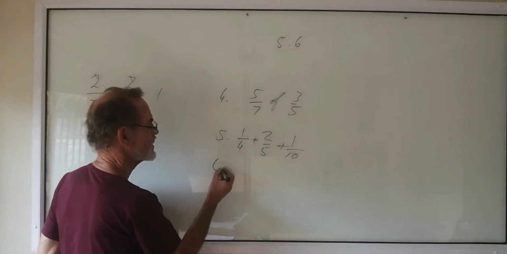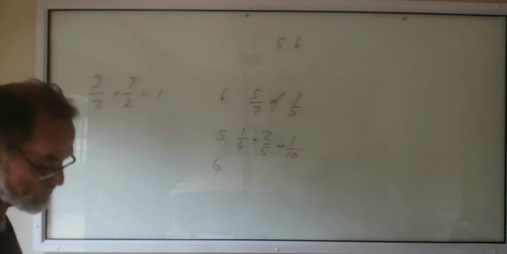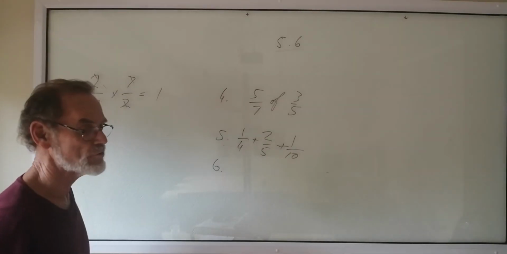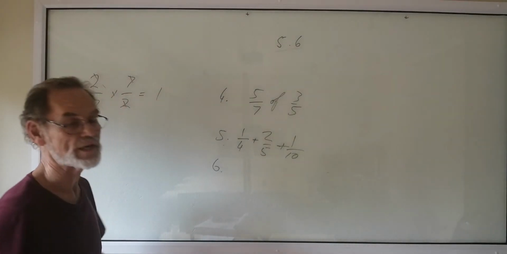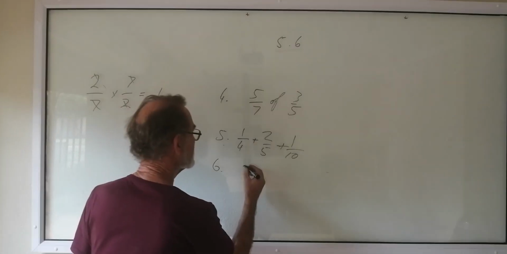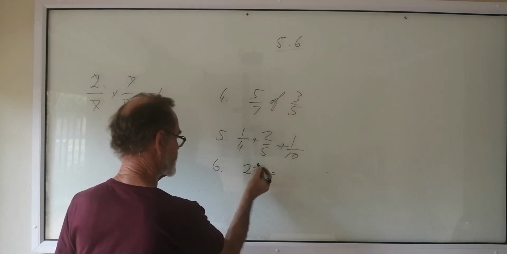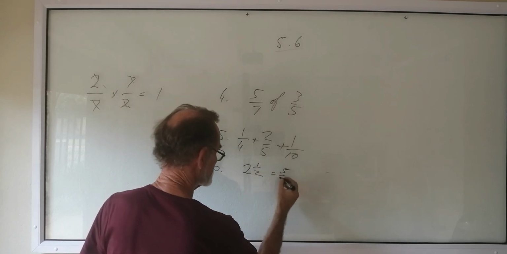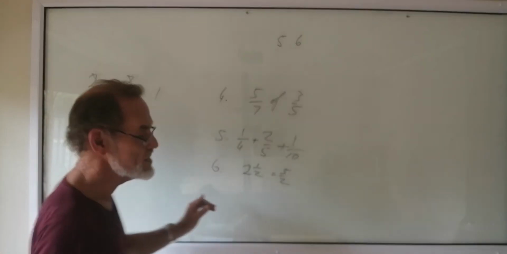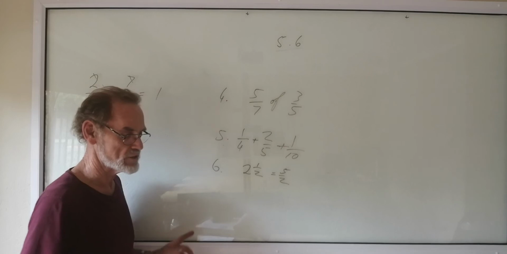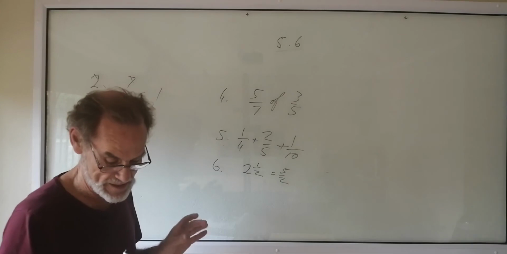Number 6 is a little bit more advanced, but I'm going to give you some pointers. What you have to do with all those numbers that they give you, you have to change everything to an improper fraction. So if they give you 2.5, you're going to write this as 2 times 2 is 4 plus 1 is 5 over 2. Okay? Everything you change to improper fractions. And then, once you've done that, you change all your improper fractions to get the denominators the same.